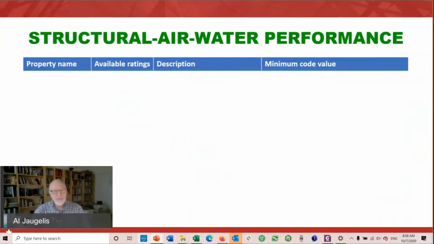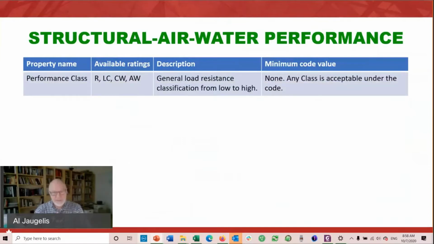When we look at the properties that are tested under the NAFS standard, the first one is called performance class. In the standard, it's a very important classification system. This is something we borrowed from the Americans because this methodology has been in place for a long time in the US, but it was new to us when the NAFS standard came into the code in Canada.